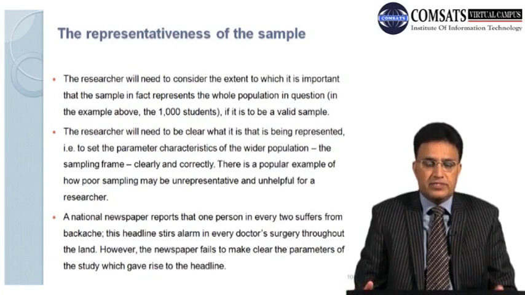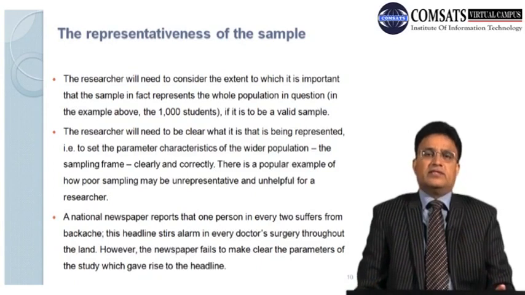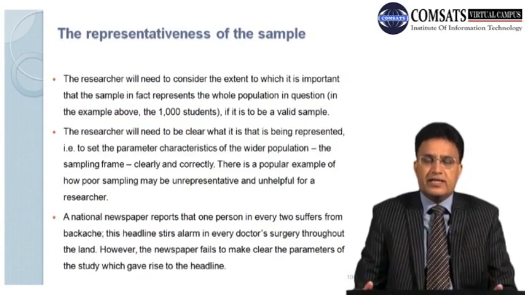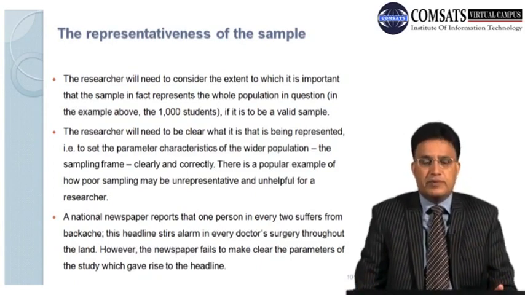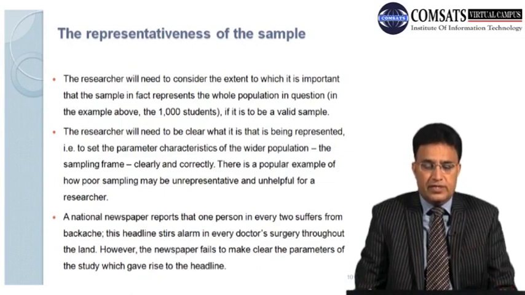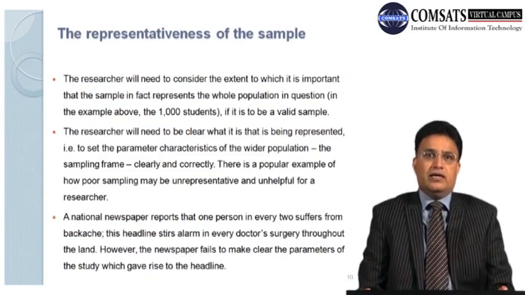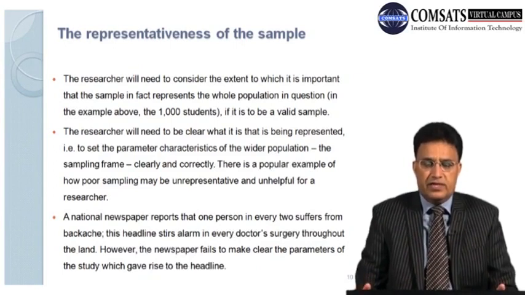There is a popular example of how poor sampling may be unrepresentative and unhelpful for a researcher. Let's take an example. A national newspaper reports that 1 person in every 2 suffers from backache. This headline stirs alarm in every doctor's surgery throughout the land.